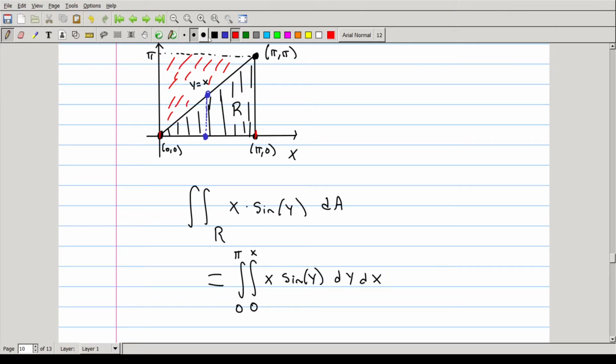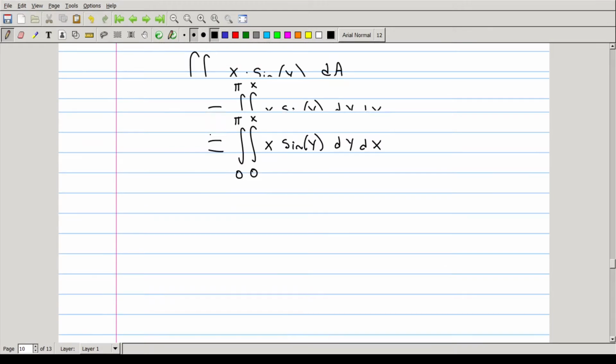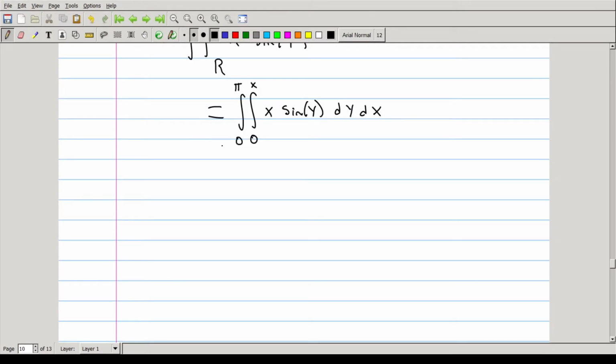And that could be very costly if you're calculating some physical property using this double integral, because you're going to get the wrong answer, and that's going to negatively affect whatever application you're doing. But this integral as written is the correct form.